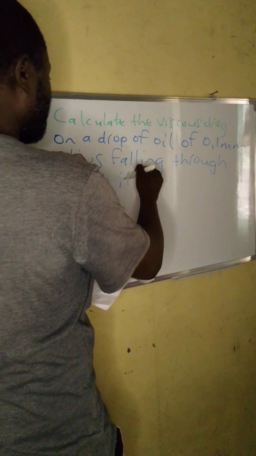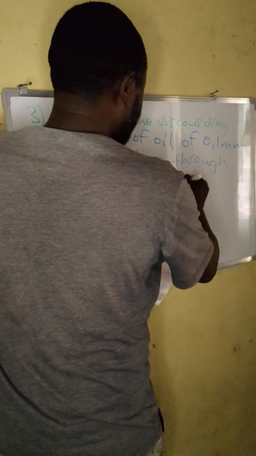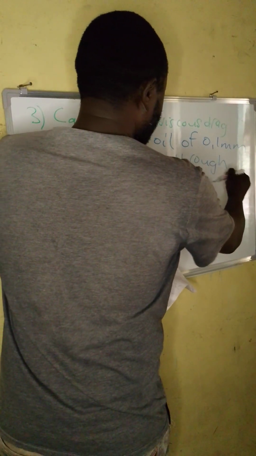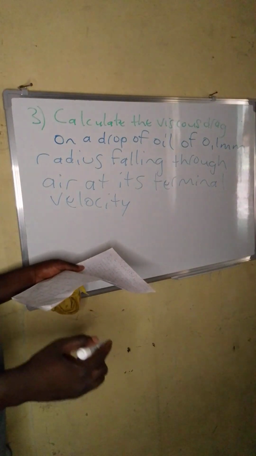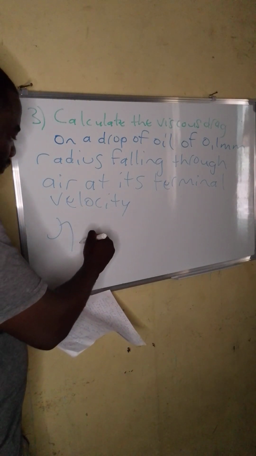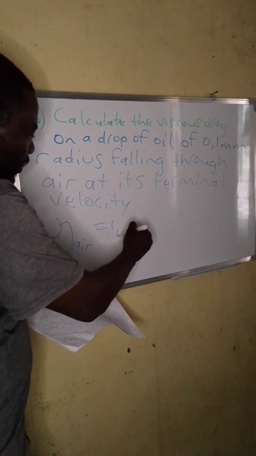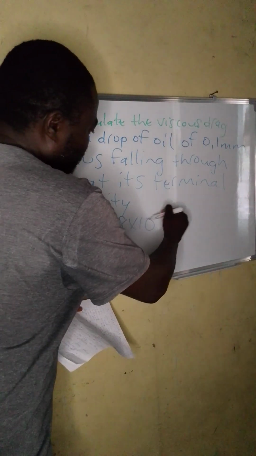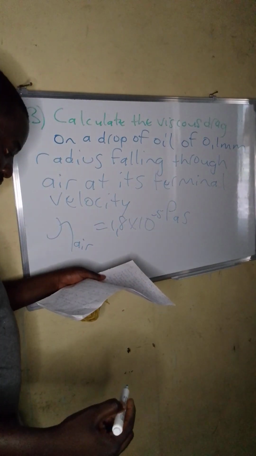It is falling at terminal velocity. Important data: the coefficient of viscosity of air is 1.8 times 10 to the power minus 5 Pascal seconds.